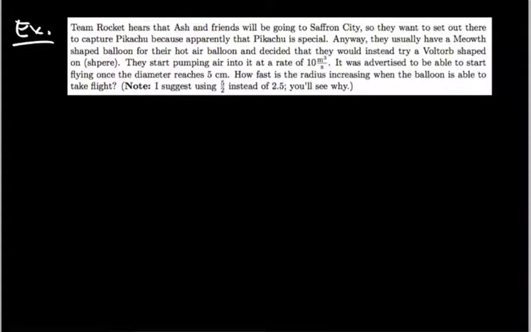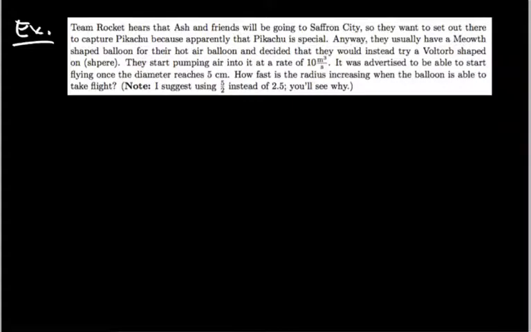Let's just read it. Okay, so what information do we have here? So, Team Rocket, here's that Ash and friends are going to Saffron City. So they want to set out there to catch Pikachu because apparently that Pikachu is special. I don't know why, but apparently it is. They usually have a Meowth balloon, but decided that they would go with a Voltorb instead.